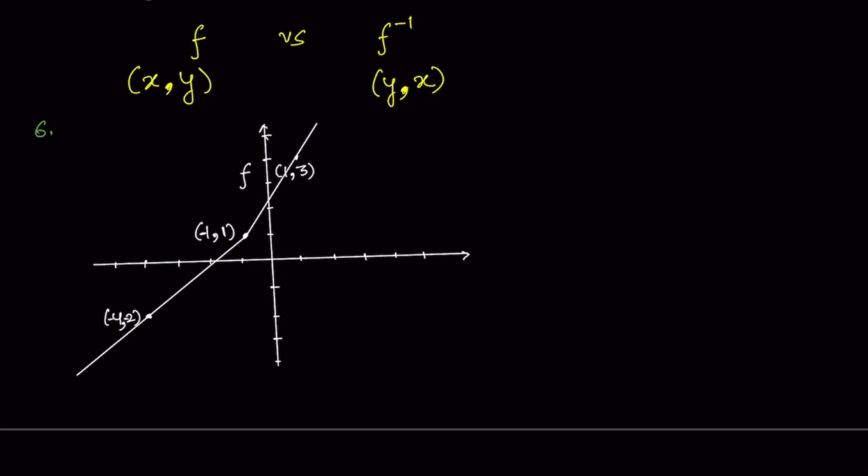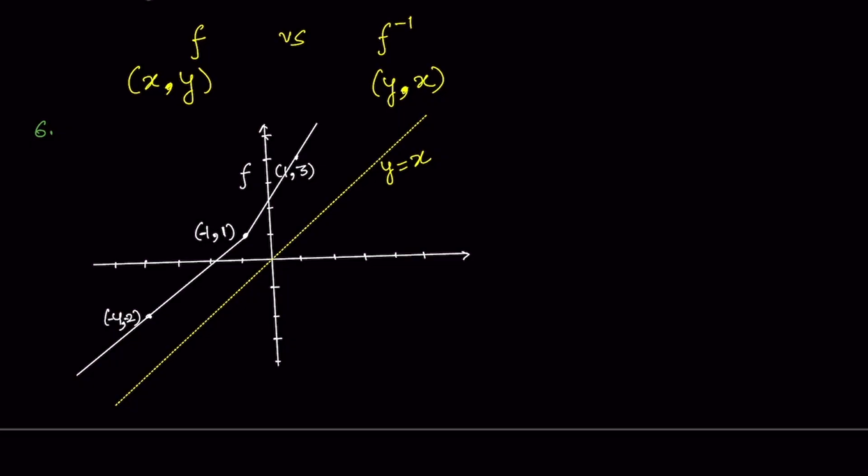In example, so here is our function f, graph of our function f. So graph of f inverse is going to be its image about line y equals x, which means x and y coordinates will flip.